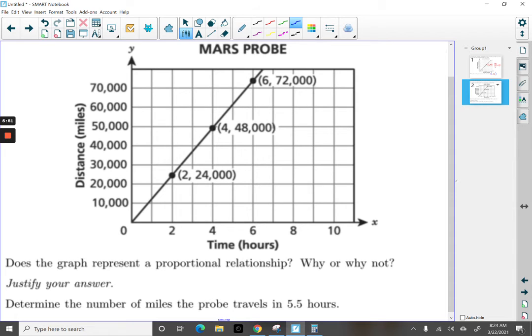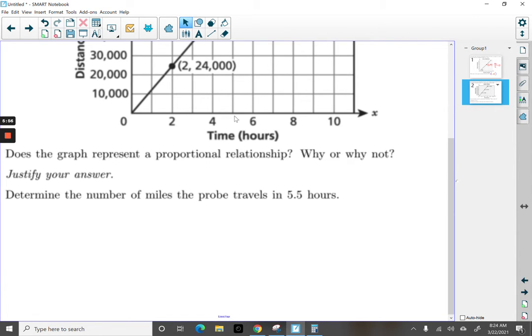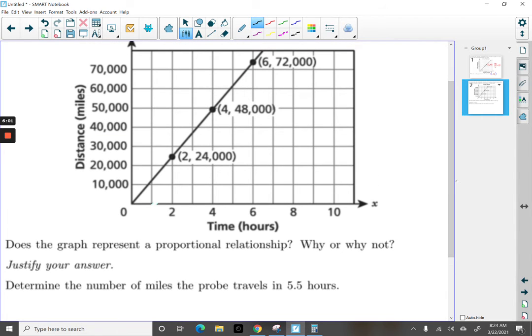See if I can figure out what that unit rate actually is. Now, in this problem here, as much as I want to look at the 1 here and say, oh, look at it, I don't know what that is. It looks like it's more than 10,000, but I'm not exactly sure. I don't exactly know what that unit rate is.